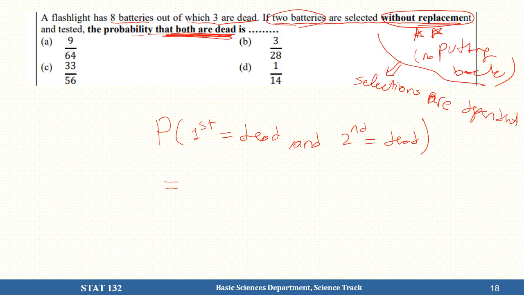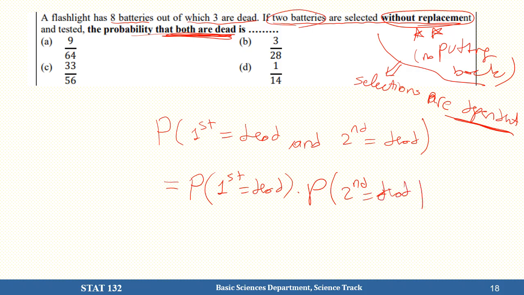If you choose a dead one, it changes the probability of the second one. So in this case, you have to use conditional probability. It will be the probability that the first one is dead times the probability that the second one is dead, given that the first one is dead.